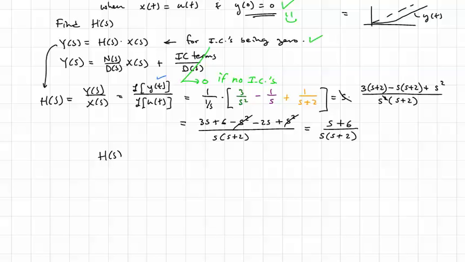Okay. Let's look at the pole zero plot for this. So the pole zero plot would have a pole at 0, a 0 at minus 6, and another pole at minus 2.